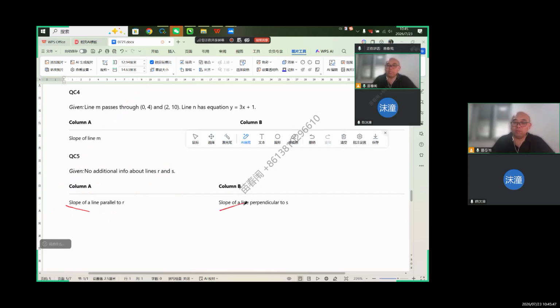If you can't know the slope, you can't compare who is greater. There is a line, I don't know anything, and there's another line, I don't know anything. Do you know the direction of their lines? You basically do not tell me any specific information.